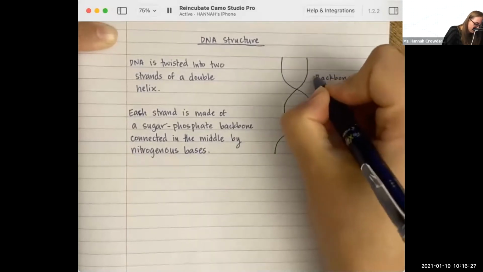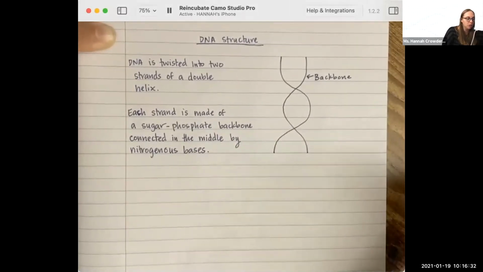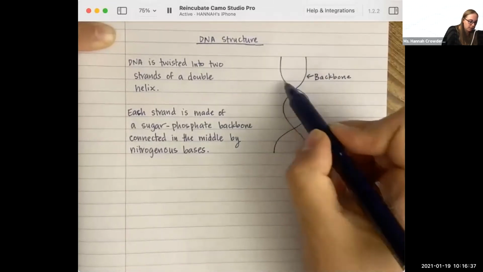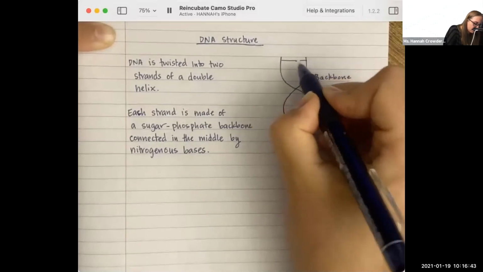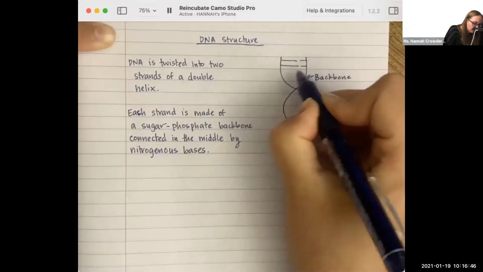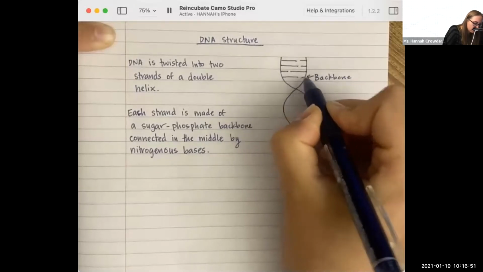So the backbone is made up of alternating sugars and phosphates, and we're going to zoom in on that. But the backbone, the two strands here, are held together by nitrogenous bases, and the nitrogenous bases are in the middle. And I'm going to draw some long ones and some short ones because they actually are different sizes.